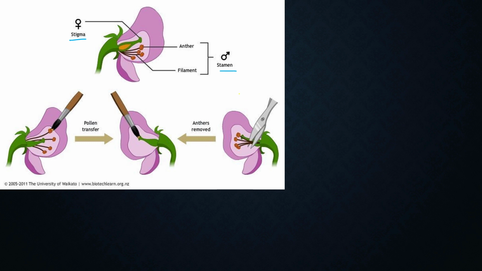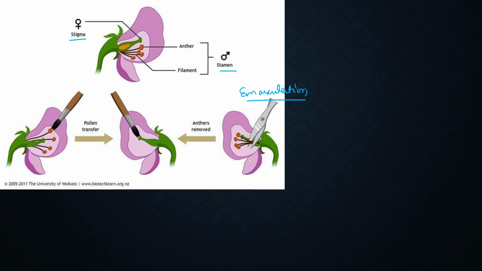And here we are seeing the process of emasculation, where they are removing the anther. As I said, the easiest method is to use forceps or scissors and cut out the anthers or the stamens in the early stage or the bud stage.